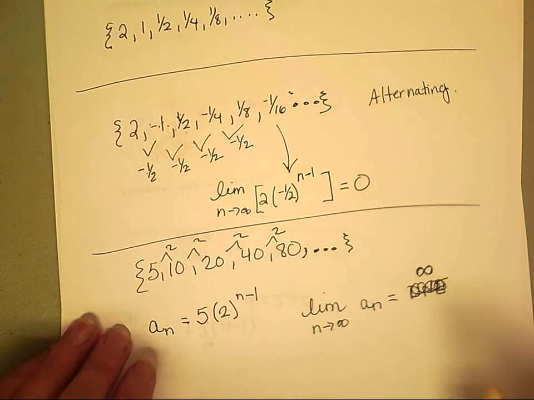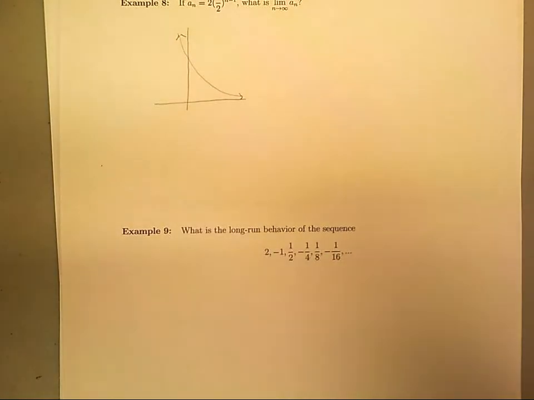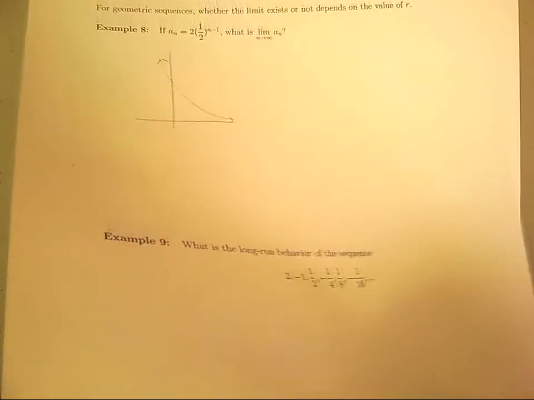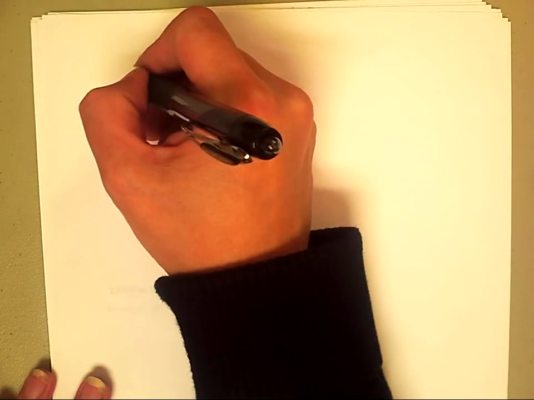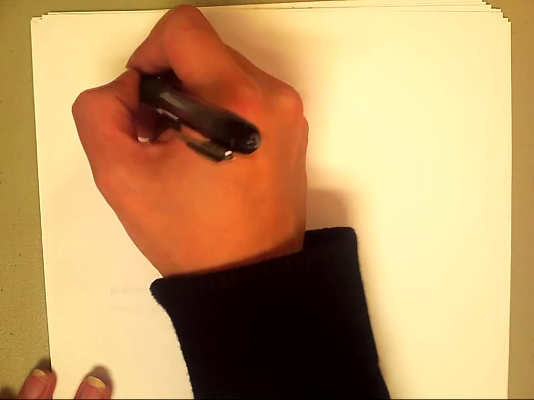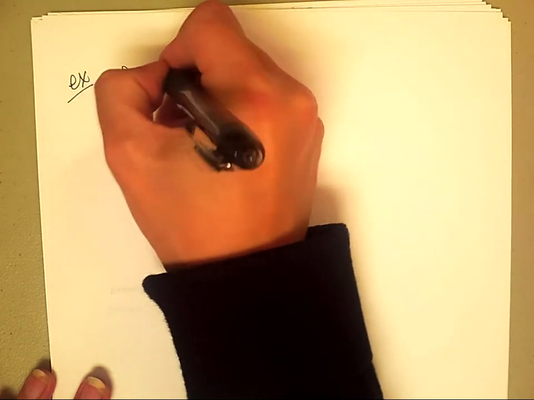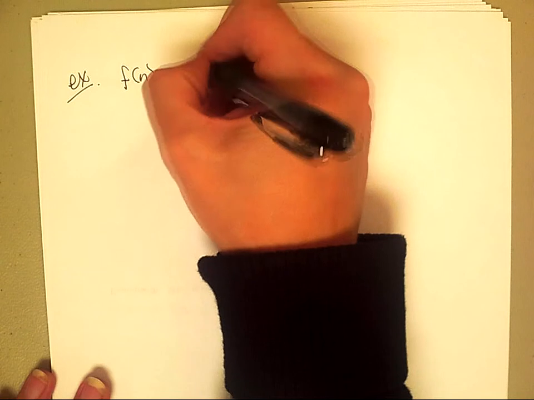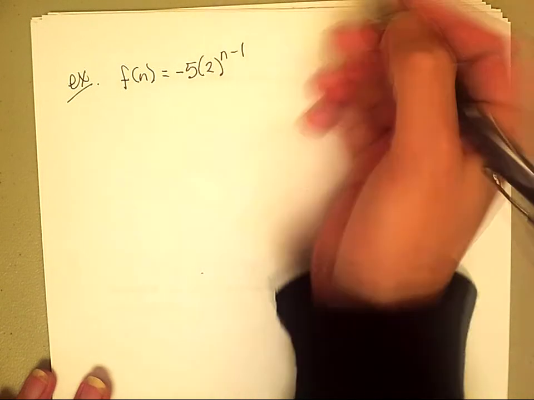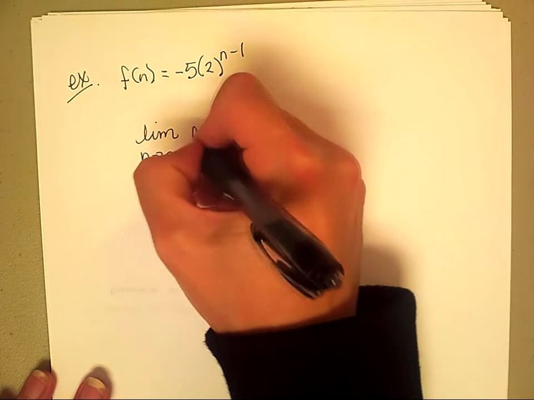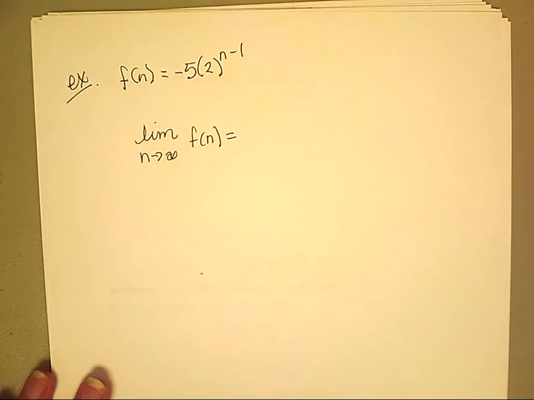Now let's look at this one. If f of n is negative 5 times 2 to the n minus 1, and we look at the limit as n goes to infinity of f of n, well, now we have the opposite problem.